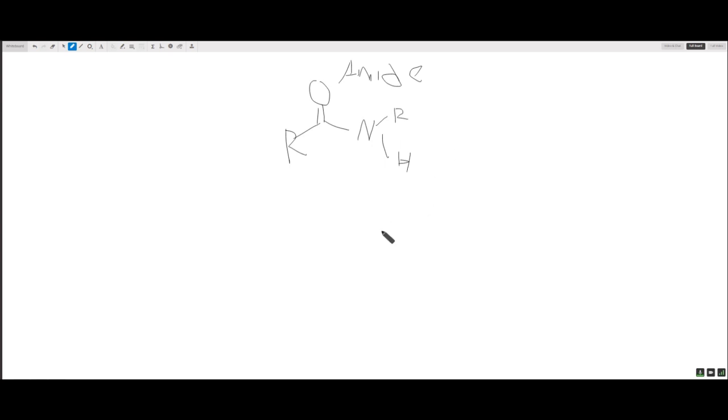This becomes a secondary amide. Why? Because it's only connected to 2 carbons. If we take away both, this becomes a primary amide. Why? Because it's only connected to 1 carbon. Those are important rules for this.